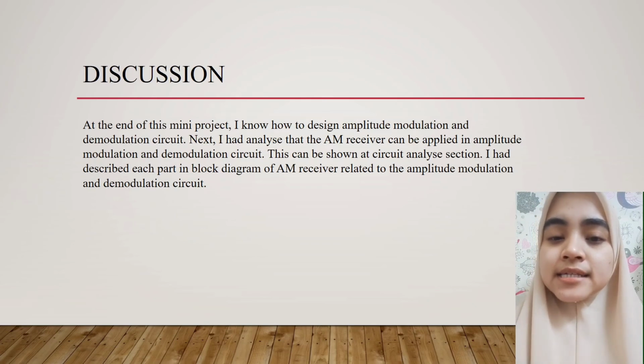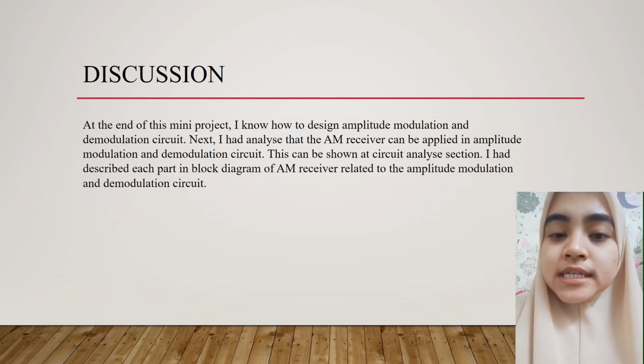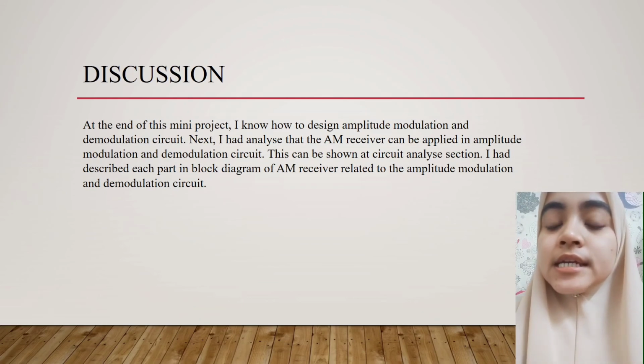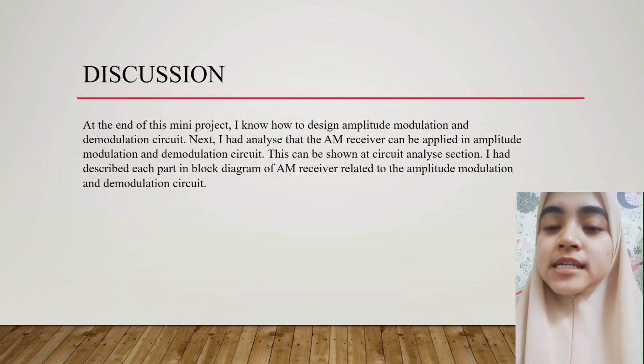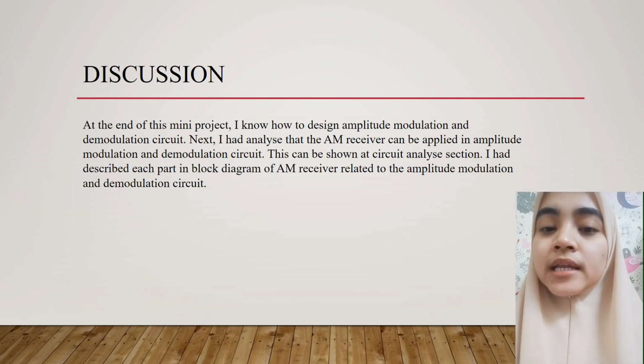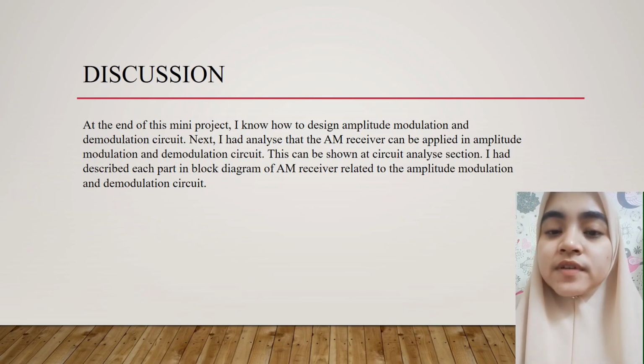Next, I had analyzed that the AM receiver can be applied in amplitude modulation and demodulation circuit. This can be shown at circuit analysis section. I had described each part in block diagram of AM receiver that related to the amplitude modulation and demodulation circuit.